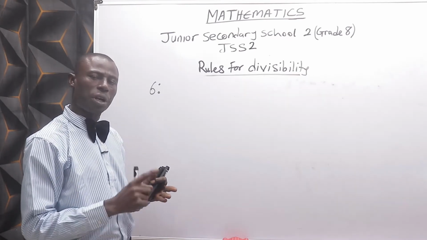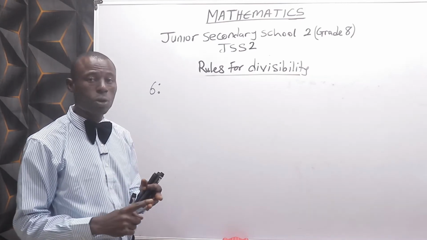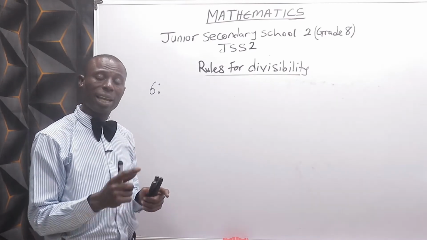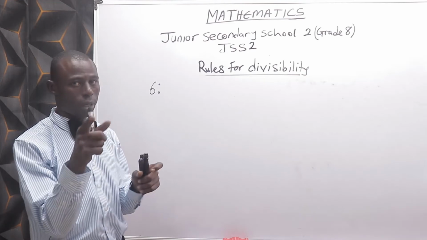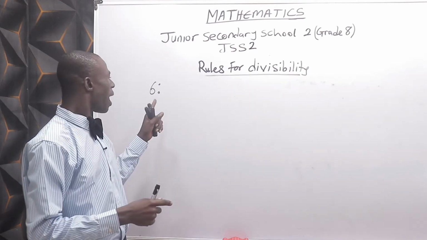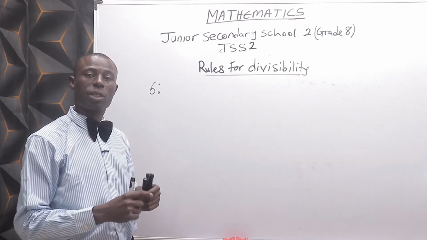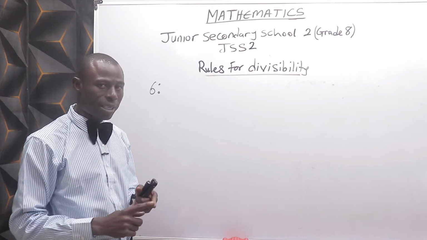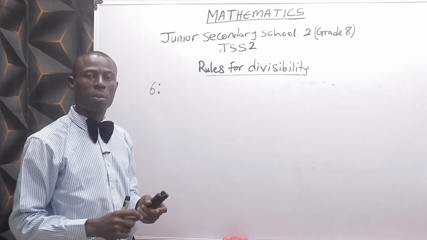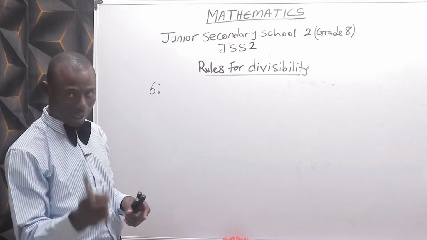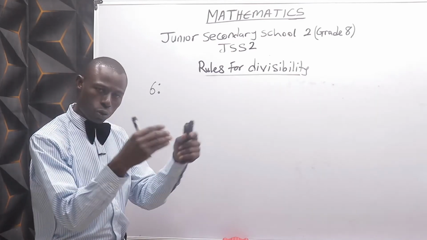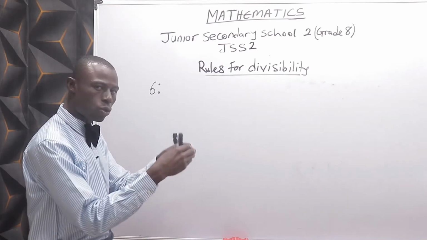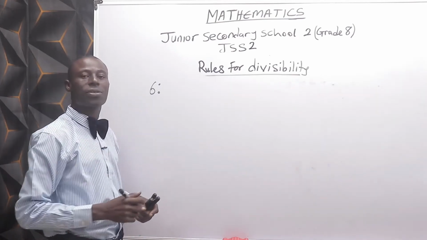Don't forget, for a number to be exactly divisible by 2, the last digit of the number must be even or 0. And for a number to be exactly divisible by 3, the sum of the digits of the number must be exactly divisible by 3. So those two characteristics combine into one inside the 6.